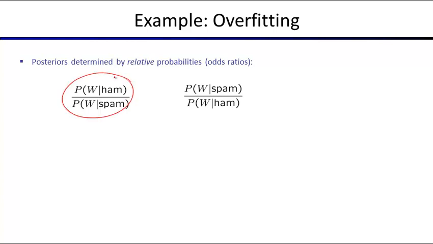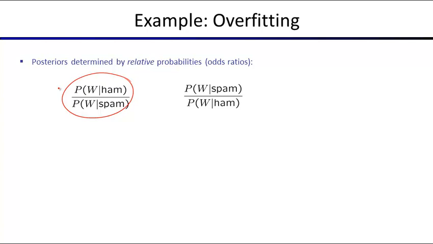What is this quantity? Let's say you build this classifier, you build your Naïve Bayes model, and you wonder, well, what did I really learn? Well, the way the system works is that when a word comes in, it contributes to the score of ham and it contributes to the score of spam. And the relative way it contributes is how it affects the outcome. It's not the absolute probability that matters, but it's the ratio between the probability of the word given ham and the probability of the word given spam.